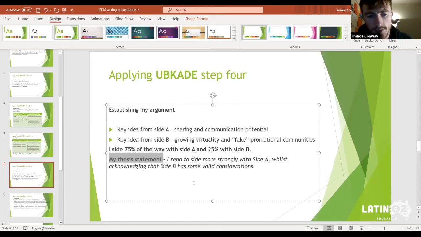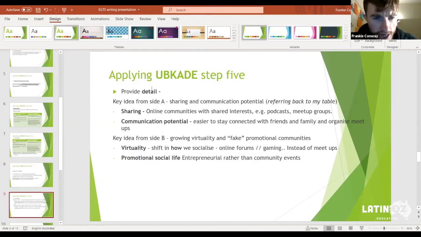And we'll come on to that when we look at the overall structure. But the thesis statement is basically your argument for the essay. And I've said, guys, to summarize, I tend to side more strongly with side A, whilst acknowledging that side B has some valid considerations.